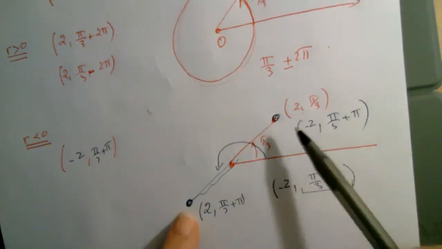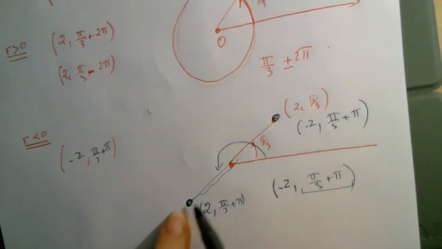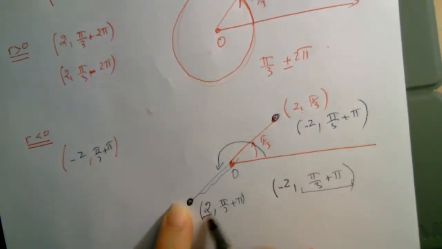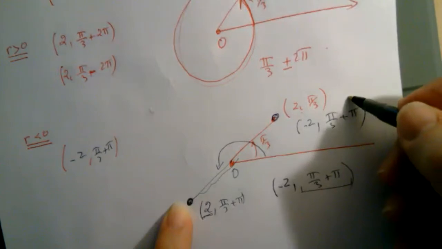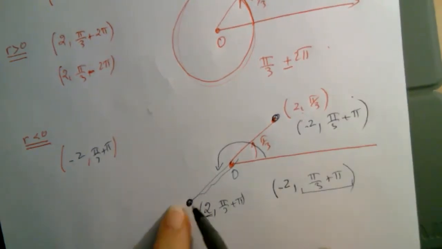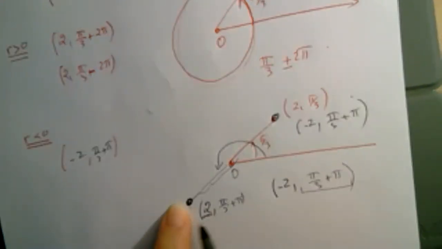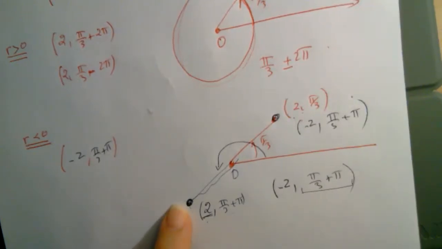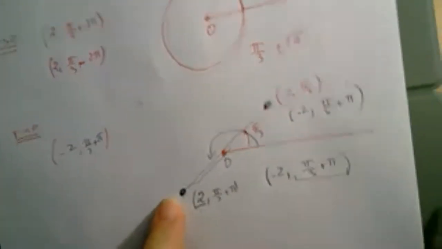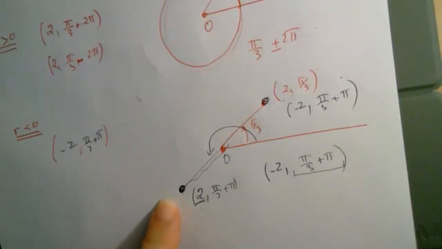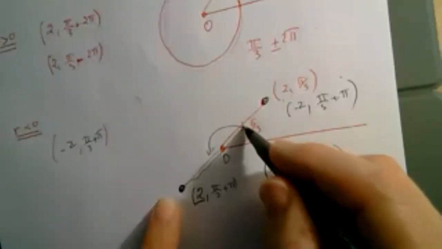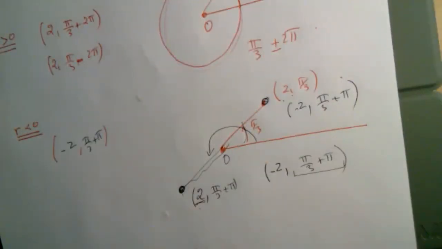So that's really how we can come up with plus pi. The easiest way to find the negative is to say, you know what, if I know the coordinates of the point opposite to it with respect to the origin with a positive r, the minus will bring me back to my point. So I start playing the game here. I find this point, and then the minus will bring me to that point. That's how your classmate said you take the angle and add or subtract pi, which will do.